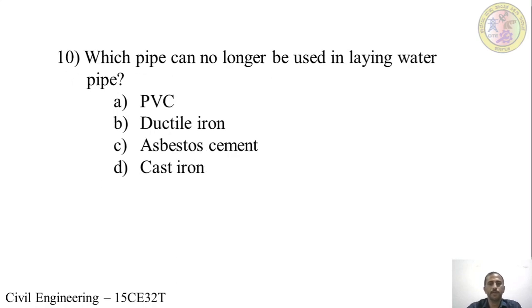Which pipe can no longer be used in laying water pipe? A. PVC, B. Ductile iron, C. Asbestos cement, D. Cast iron. And the answer is C. Asbestos cement, because they cause ill effects on health, so they are no longer used in laying water pipes.